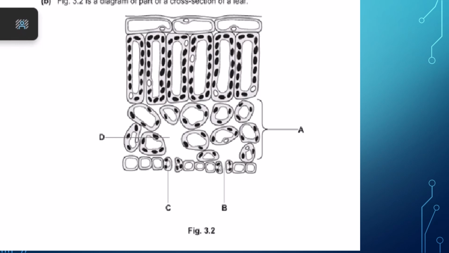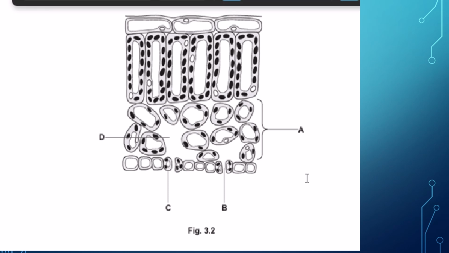This figure is from the same year and same paper, and here they ask us about the function of a different part of the leaf. What's interesting here is that these kinds of figures of a cross-section of a leaf are very normal, and it's a very good thing to be able to name the different structures. So here we have the spongy mesophyll.